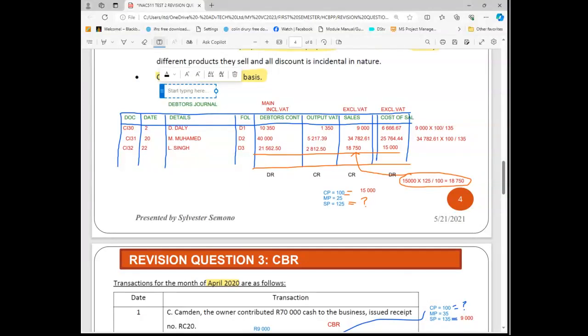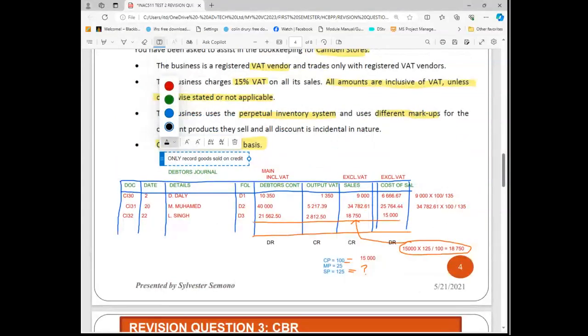Because this debtors journal only records sales on credit. If you don't sell goods on credit, please do not come here.